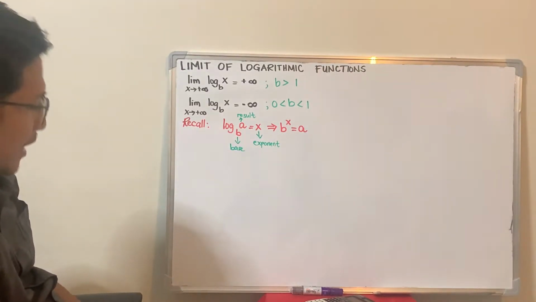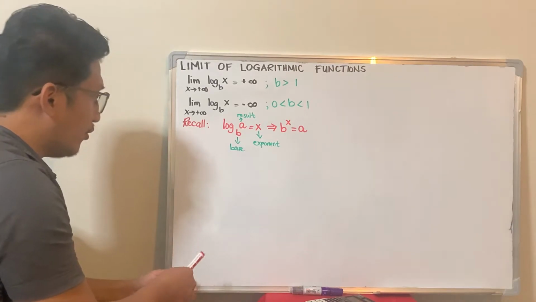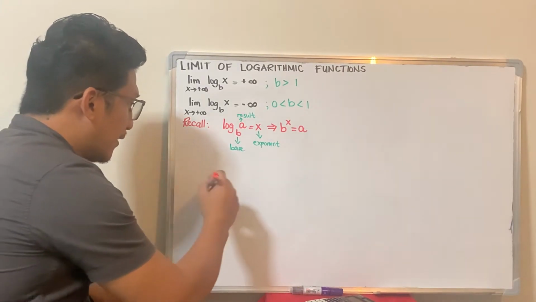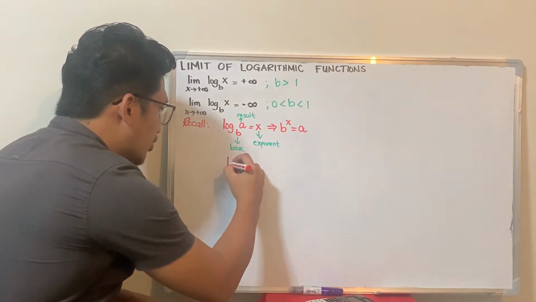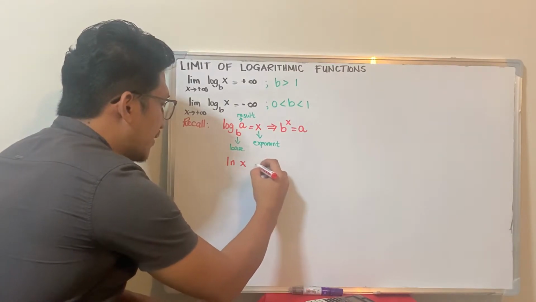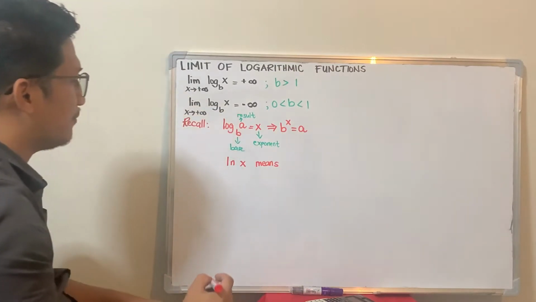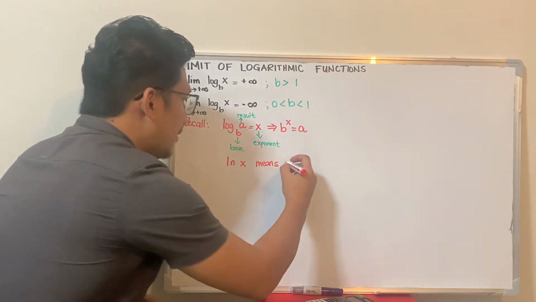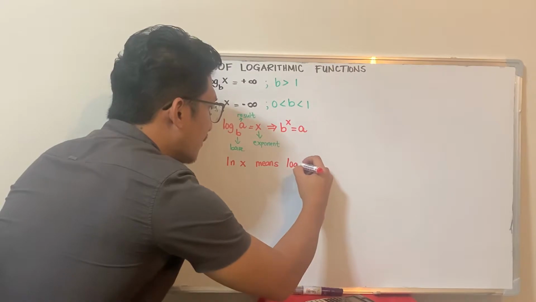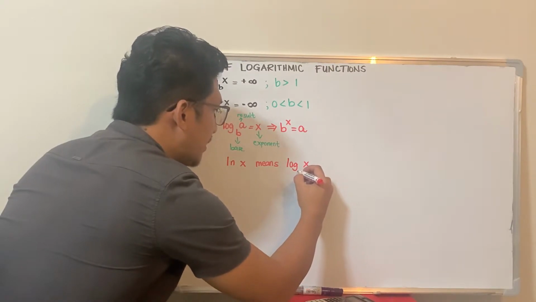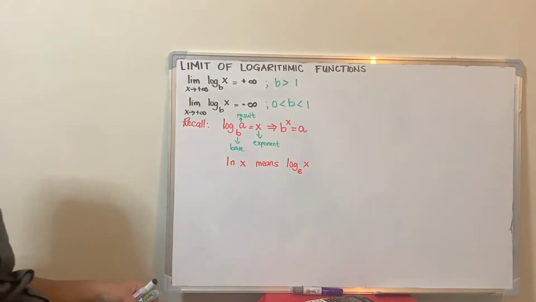Okay? Aside from that, you also need to recall that the natural logarithm of x means the logarithm of x with the base e, or the Euler's constant.